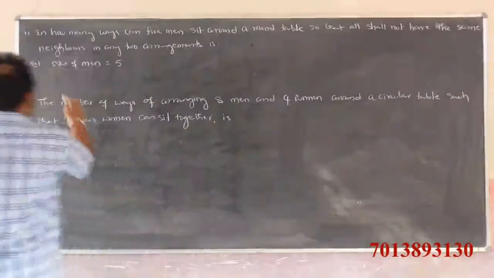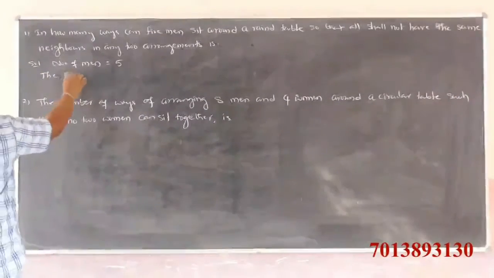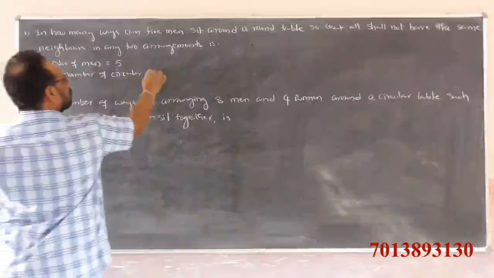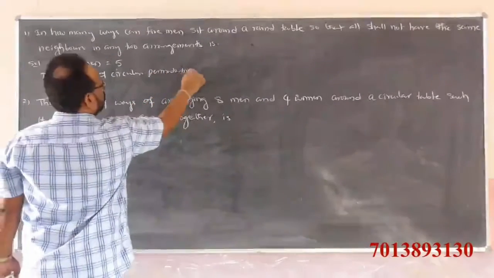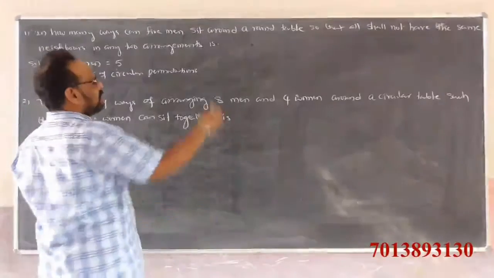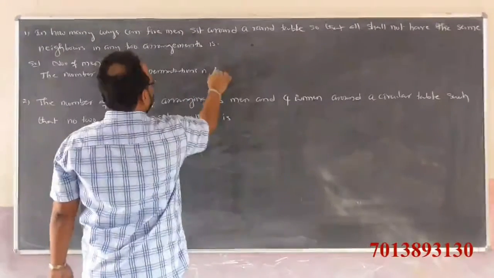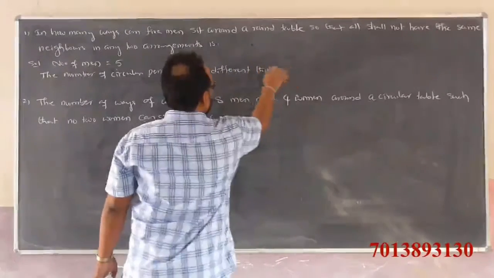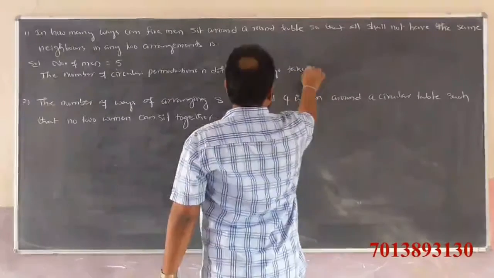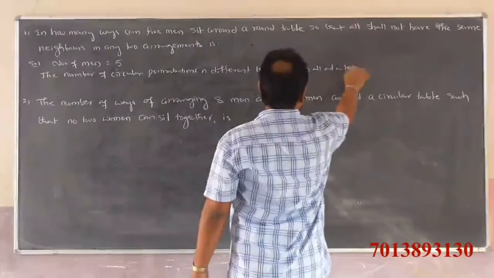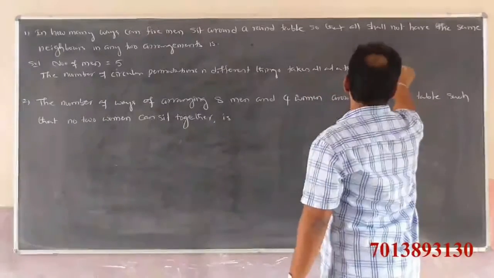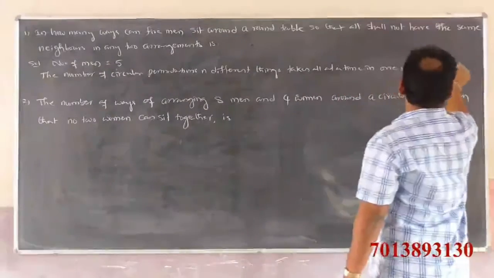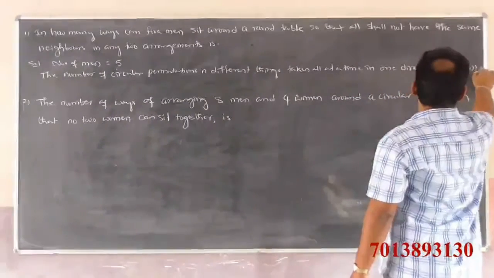The number of circular permutations of n different things taken all at a time in one direction is equal to half of n minus 1 factorial.